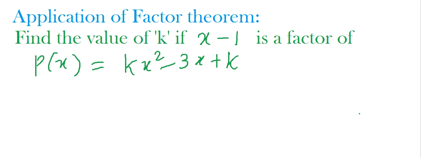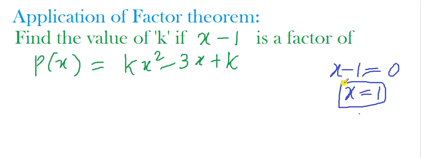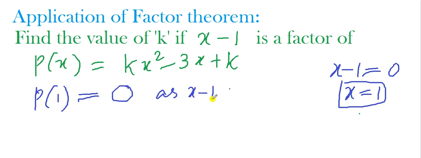Now if you can remember, how do we use the remainder theorem? We first use the divisor, which is x minus 1, and equate it to 0 to get the value of x. Here it becomes x is equal to 1, and then we try to find p of 1, which will be our remainder. But here p of 1 is equal to 0 as x minus 1 is a factor.